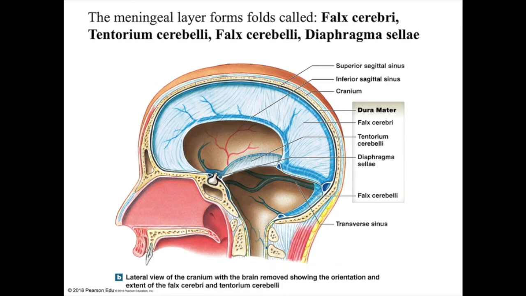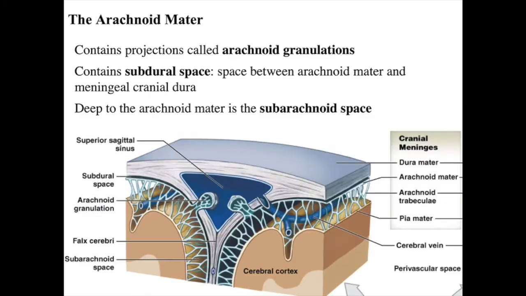So we have the outermost, the innermost, and in between we have the arachnoid. The arachnoid has the arachnoid granulations. With these three layers, we'll be able to form spaces: a space above the dura, below the dura, and a space below the arachnoid.